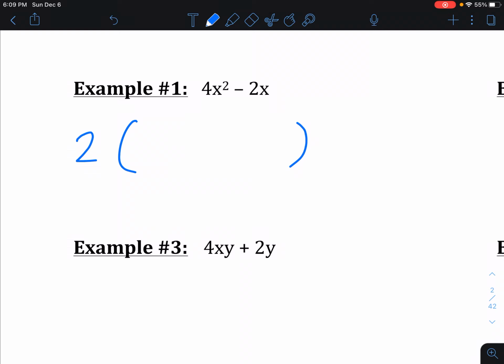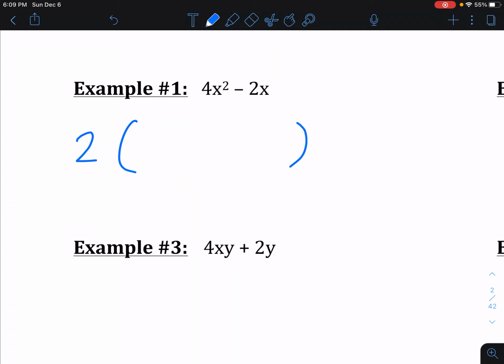When we do our GCF problems today, we're dividing it up into smaller parts, and our GCF is going to appear on the outside of the parentheses. Then we divide to see what's left over inside the parentheses. Also, notice I left some space on this problem between the 2 and the parentheses.